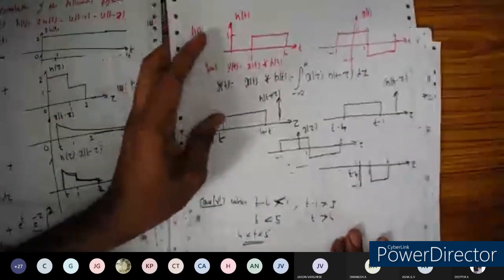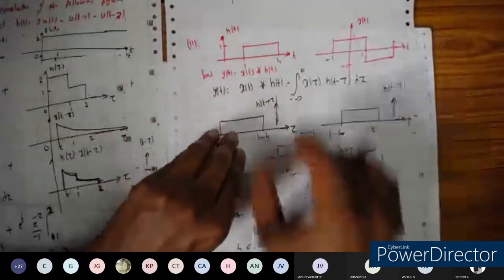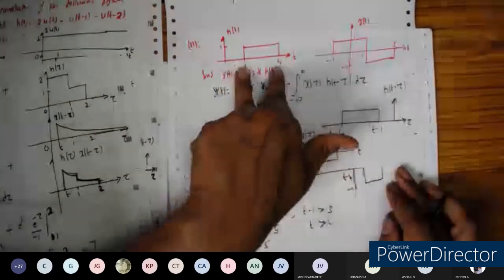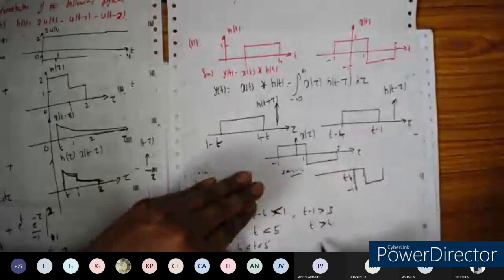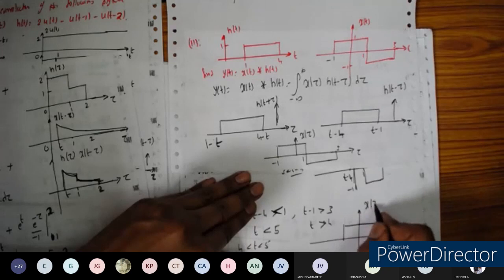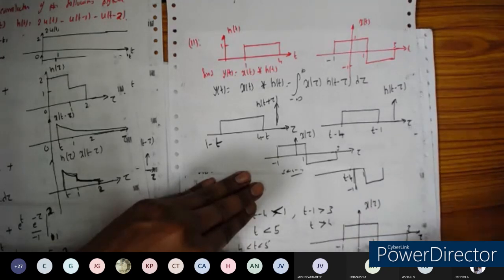In this problem we have more cases because the widths are different. If this width were equal to 2, then the cases would change further. Since it has width 3, we have more cases. So let us plot the signal x of tau, from -1 to +1. This is tau, this is -1.